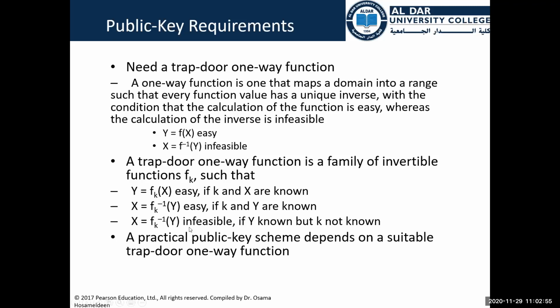That's the most important, because if k is not known, this is infeasible. It shouldn't be easy, or shouldn't be possible. Okay, these are the conditions, and we have set these conditions using the trapdoor one-way function.